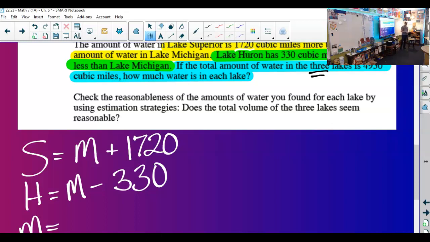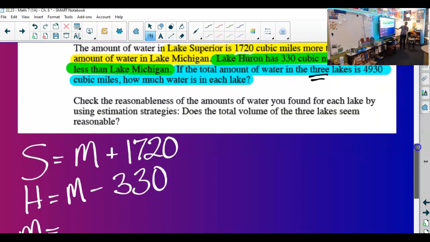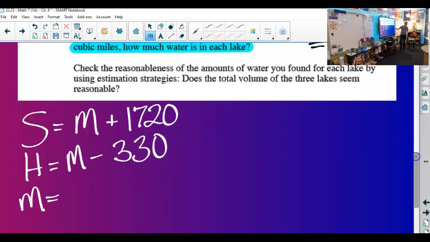So then, Alex, I don't know, this might be the toughest question. What am I going to put for Lake Michigan then? They told us Superior, they told us Huron, but they... Guys, this is the step a lot of us keep forgetting or missing, because it's tricky to remember.